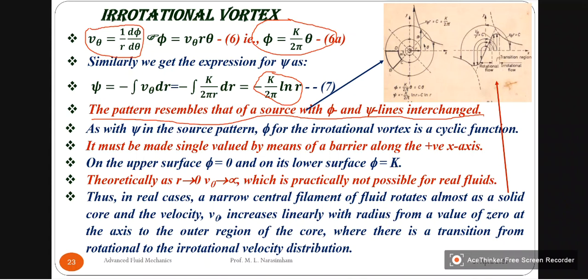In the case of a source, the flow is radial. And in the case of vortex, the flow is circular. So therefore, the phi lines of source will become the streamlines, and the streamlines of source become the equipotential lines or simply potential lines for vortex.